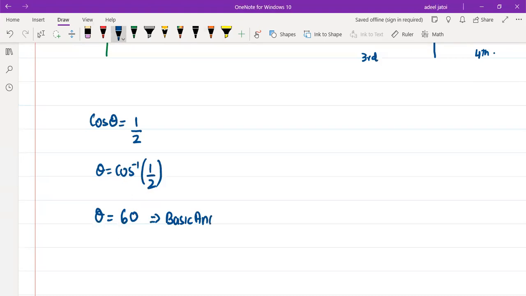As I repeated in the last class, in your O levels, you used to give only one answer. But in A levels, you have your range from 0 to 360. Since you have a range of angle from 0 to 360, you will have how many answers for negative and positive?